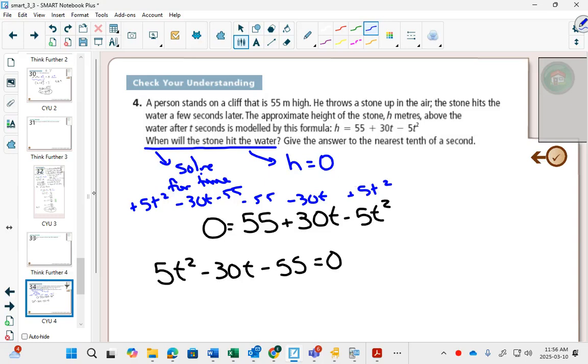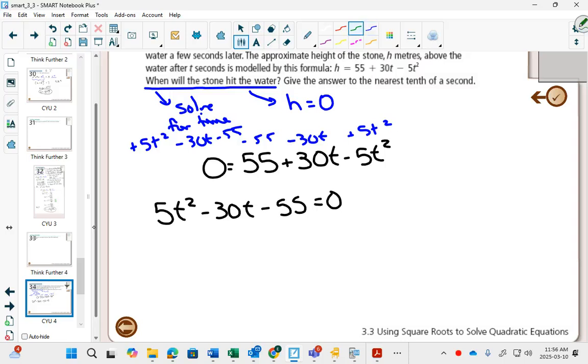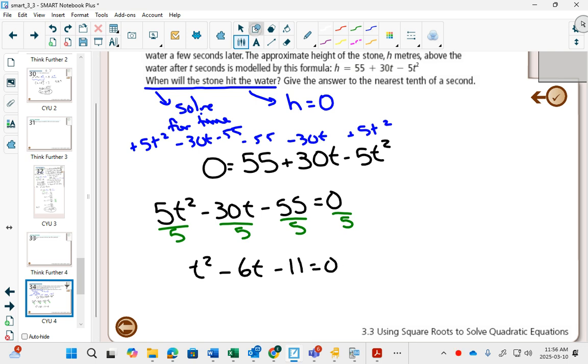So if I divided every single thing by 5, I can do this because what you do on one side of the equation, you do on the other side of the equation. That will give me t squared minus 6t minus 11 equals 0.